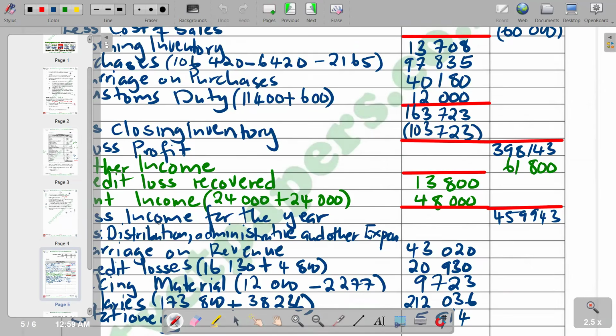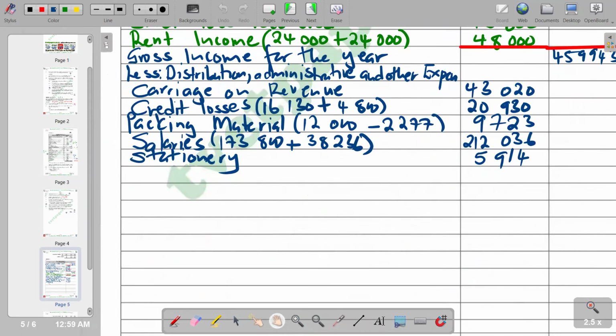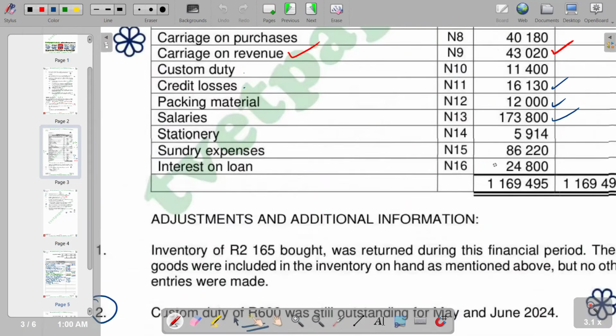So we mention again our sundry expenses. For sundry expenses, of course, we are given it as 86,220. But of course, we need to find out from additional information if you've got anything affecting our sundry expenses.